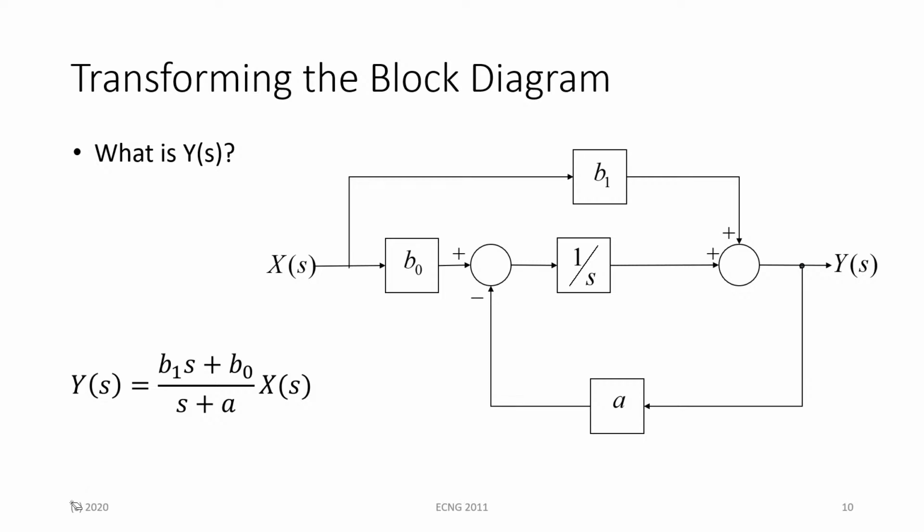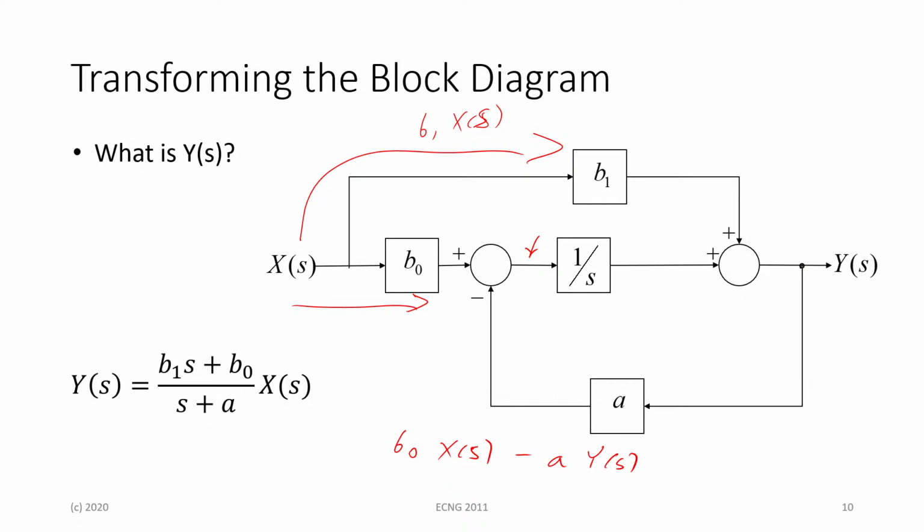Apologies, but let me start over so you can see where I actually made that error. Alright, let's start with this part here. This is going to be b1 x of s. And then let's watch the output here as required. So this is going to be b0 x of s minus a y of s.